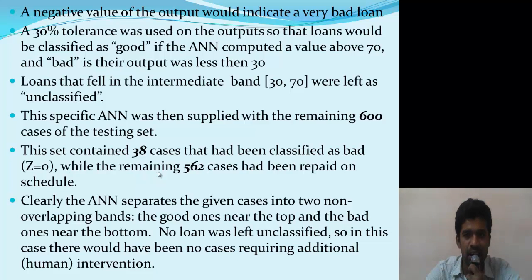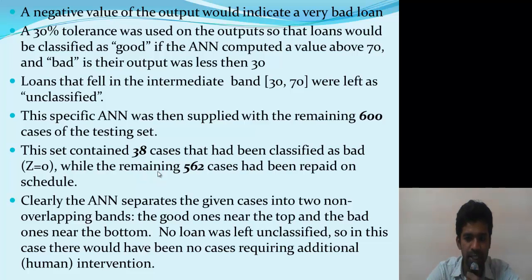A negative value of the output would indicate that it was a very bad loan. A 30% tolerance was used on the output so that the loan would be classified as good if the artificial neural network computed a value above 70, and bad if the output was less than 30. Loans that fell in the intermediate region of 30 to 70 were left unclassified.